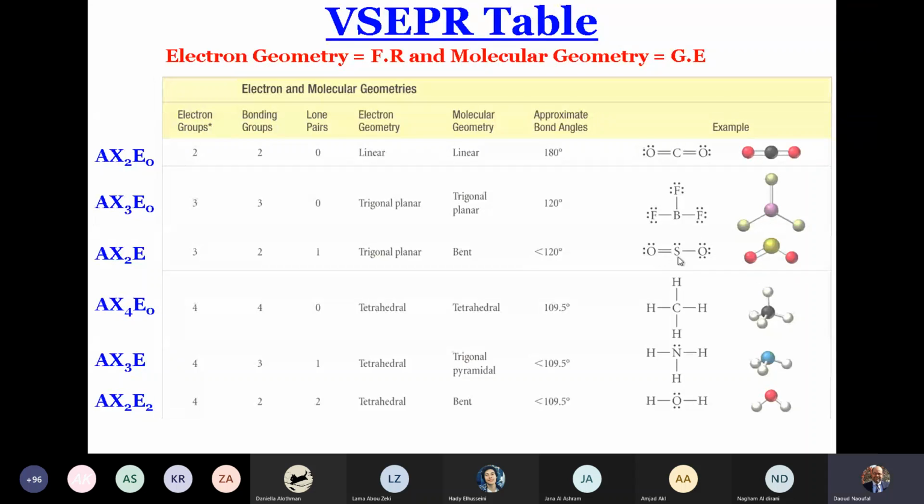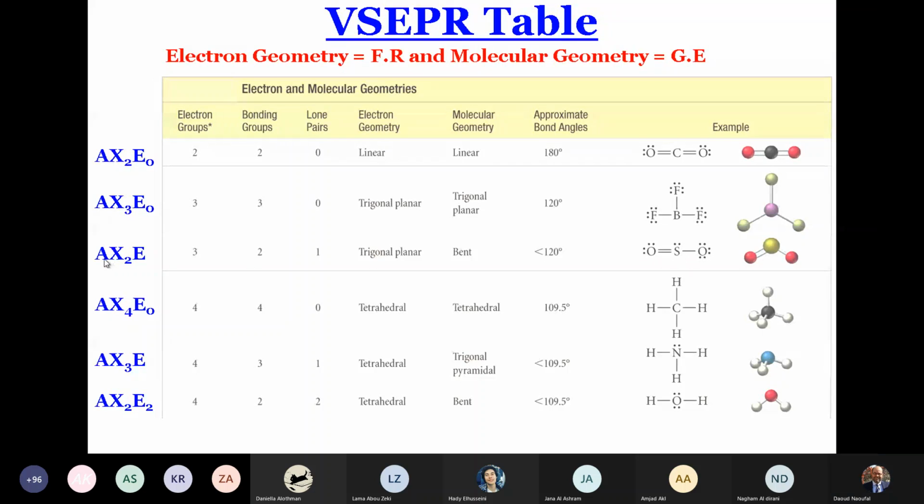Consider the SO2 molecule. First, draw Lewis according to the steps. Pay attention, we have to follow the steps in writing the Lewis structure, since any incorrect Lewis structure means incorrect geometry. So this is the Lewis structure. The form is AX2E1, we have 2 oxygen.